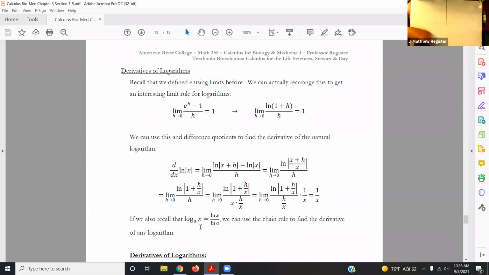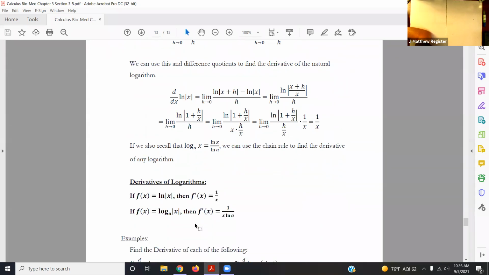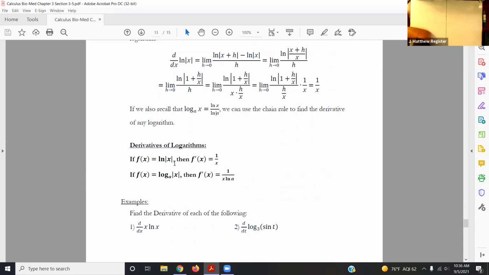We can also use the change of base formula to show that if you're dealing with any other logarithm, you're just going to be dividing by whatever that base is. And so we get these two formulas. The derivative of natural log of x is 1 over x. And the derivative of log base a of x is equal to 1 over x ln a.